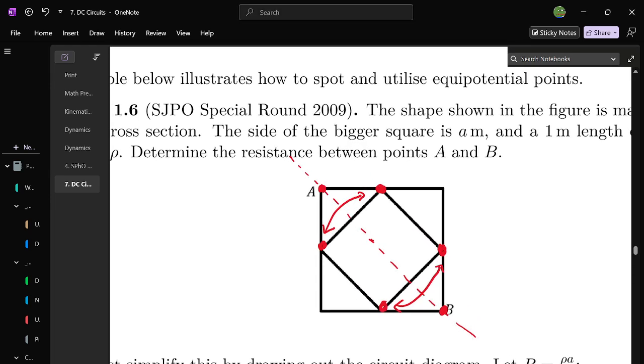If you consider this part here and this part here, under such a symmetric situation, would there be any tendency for current to flow in these two blue indicated wires?